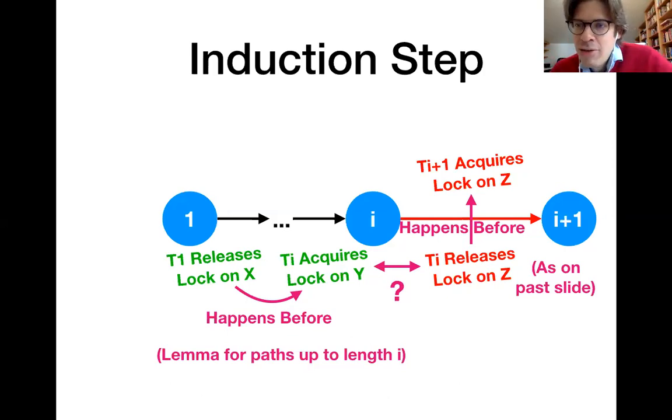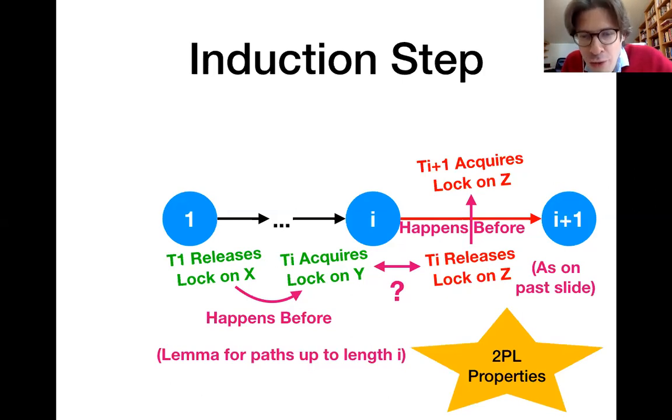And that means when considering this transaction I, if I acquires a lock on Y and I releases a lock on Z, due to the constraints of two-phase locking, I know which of them must happen first, because transactions always acquire locks first before they release locks later. And that means I know that we must acquire the lock on Y before we release the lock on Z.